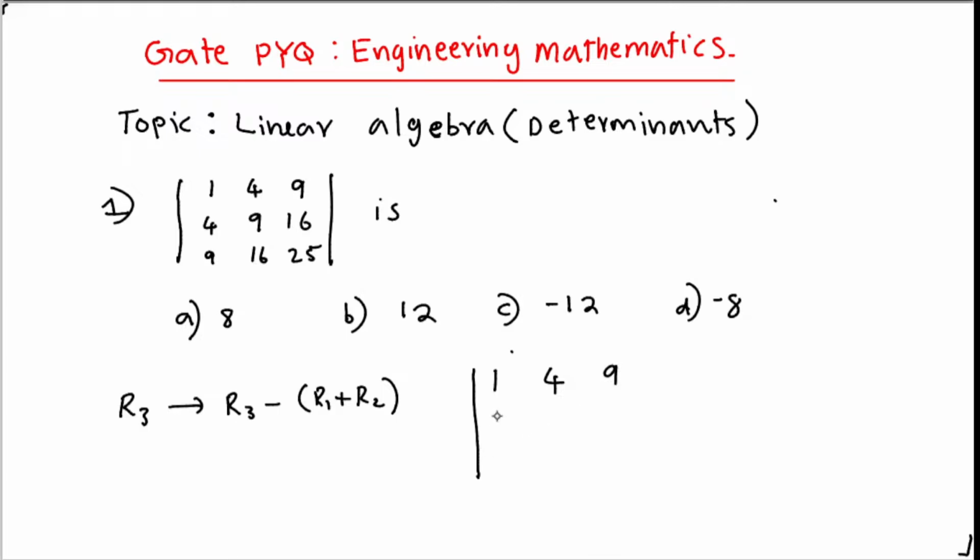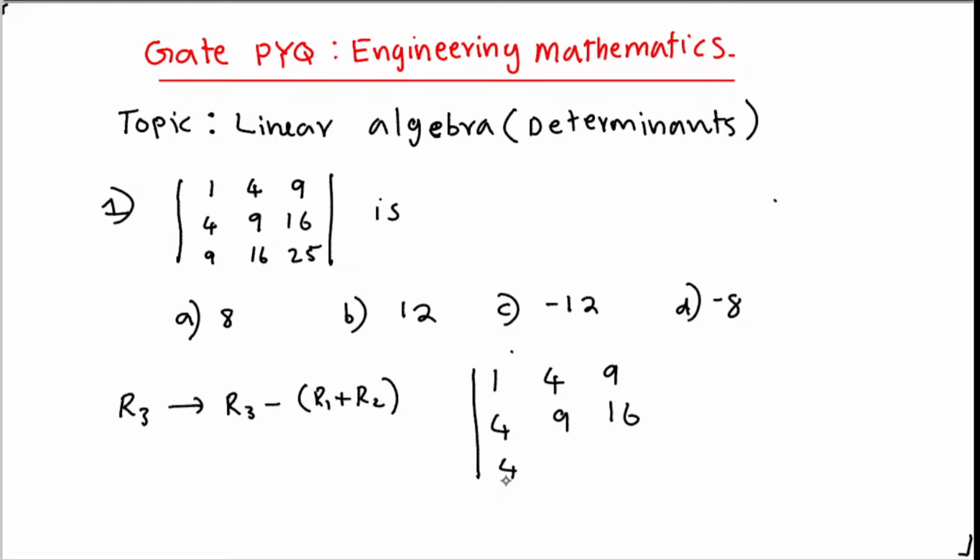The second row also remains the same, 4, 9, and 16. Then the third row is replaced with R3 minus (R1 plus R2). So here, R1 plus R2 for the first element, what we get? 9 minus (4 plus 1), that is 9 minus 5, that is 4.